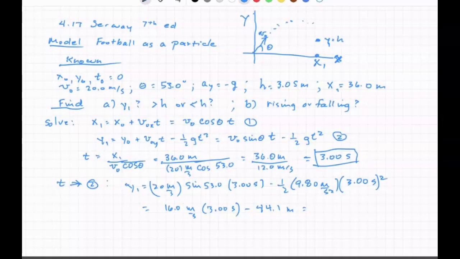So if I finish the calculation, I find that y1 is equal to 3.90 meters. And when we compare that to the value of h, the height of the crossbar, we see it's greater than h.